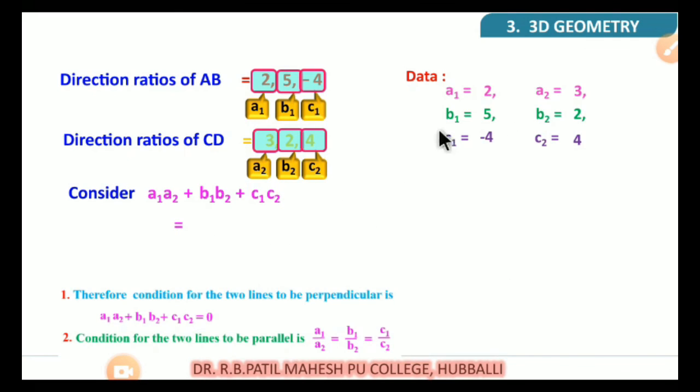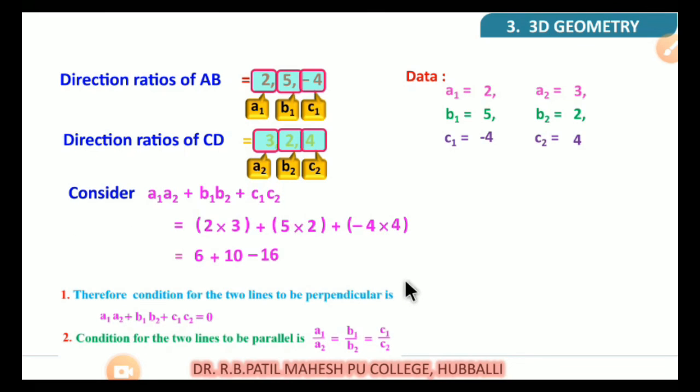For that we can put all these values. A1 into A2 means 2 into 3, plus 5 into 2, plus minus 4 into 4. So 2 into 3 is 6, plus 5 into 2 is 10, and minus 4 into 4 is 16, so minus 16.